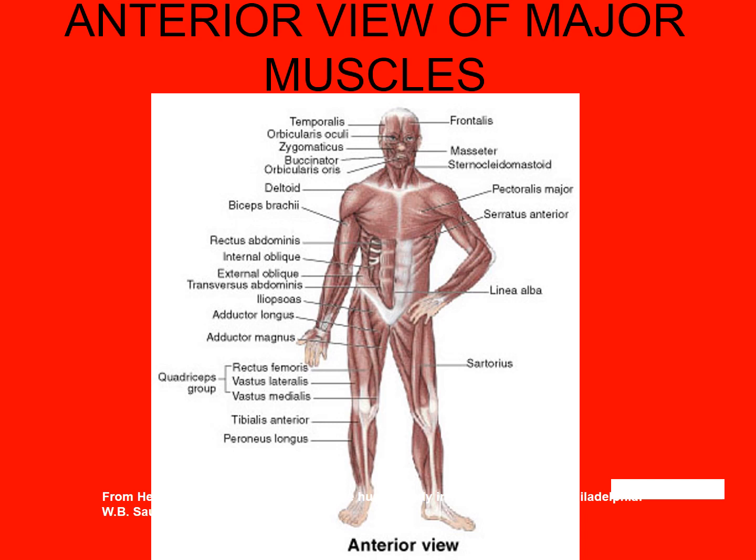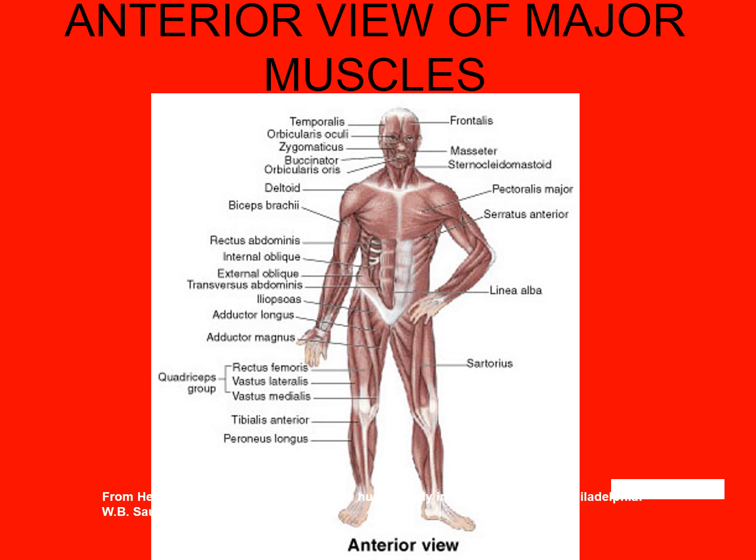So this is an anterior view of the major muscles. You've seen the major muscles: quadriceps, vastus lateralis, and then you have rectus femoris. You have the biceps brachii, deltoid, transverse, external oblique.